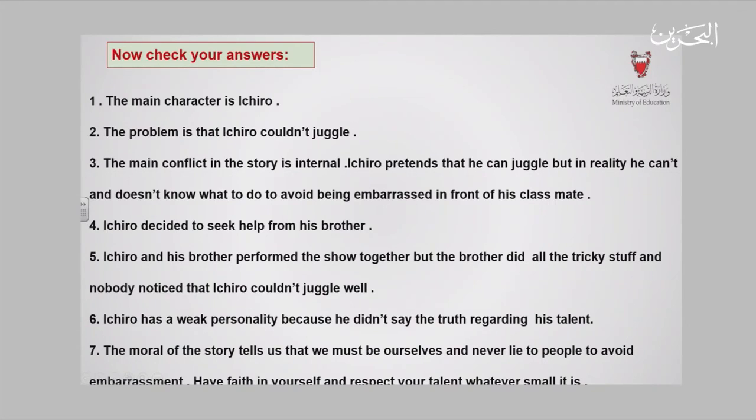So here it's internal. He had a problem within himself. Number 4, Orcho decides to seek help from his brother. 5, Orcho and his brother performed the show together, but the brother did all the tricky stuff and nobody noticed that Orcho could not juggle well.